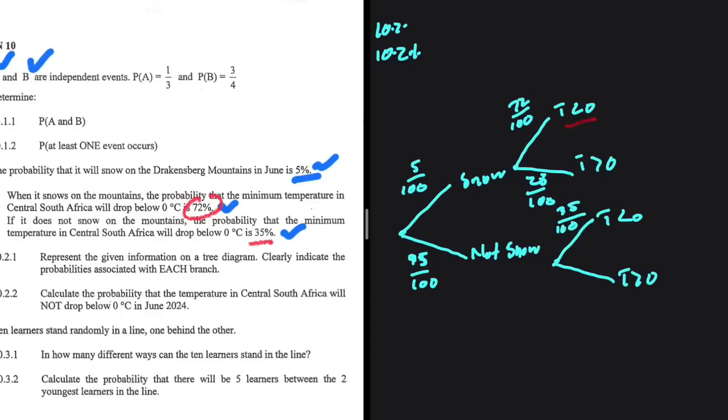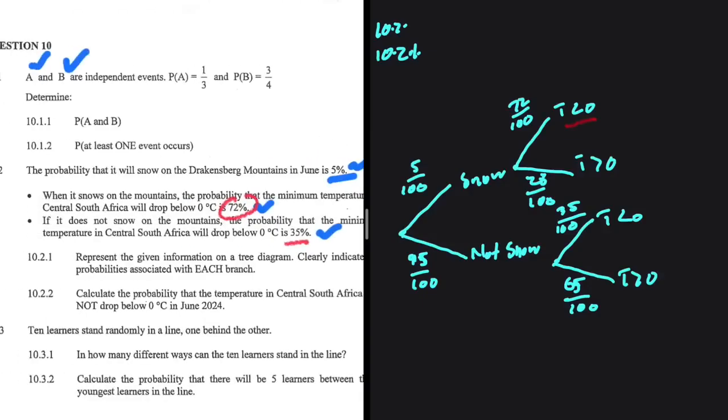Obviously, for t greater than 0, we're going to have 65. Yes, 65 plus 35, 100. So we have 65 divided by 100 being the probability that it will not snow and the temperature will be greater than 0, which makes sense. Right, so this is the information we have represented on a tree diagram.